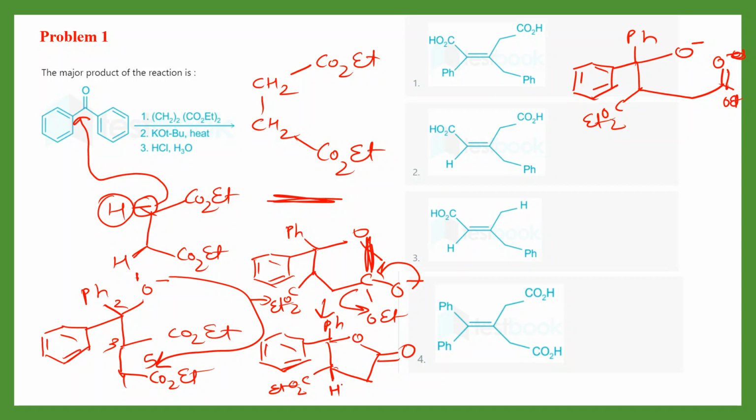We have a base in our medium. That base is going to abstract a proton from here. A carbanion will come, that will open this ring, correct? And what will we get?